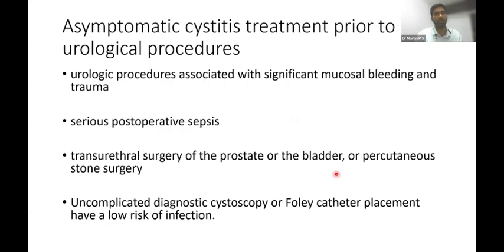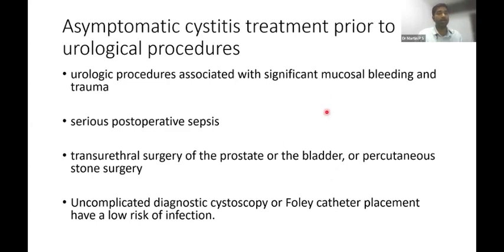If such a procedure is done in a patient who has an asymptomatic urinary tract infection, it is like operating in a heavily contaminated surgical field. We know that whenever we operate in a heavily contaminated surgical field, the risk of serious post-operative sepsis is always there. So the IDSA guidelines of 2019 clearly state that whenever an asymptomatic cystitis patient is undergoing such a procedure, the infection has to be treated.